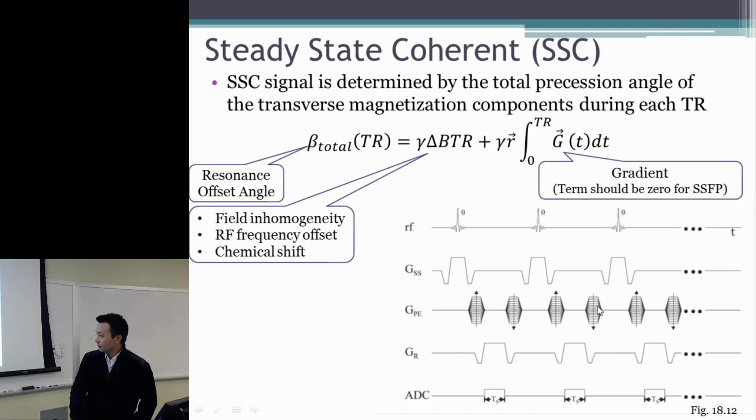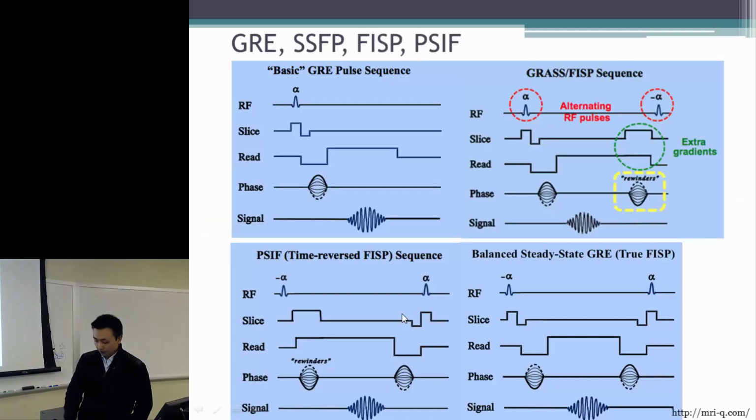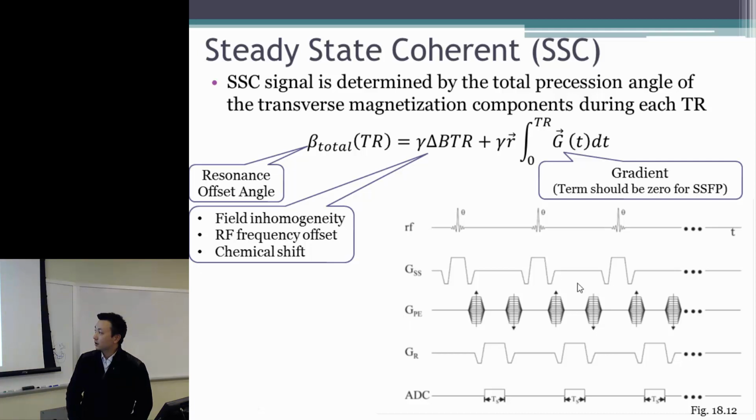So here is the sequence diagram of the steady state free precession. We can see that now we have a series of RF pulses with a theta flip angle. Between each excitation pulse, we can see that the total area under all the gradients will have a sum of 0.